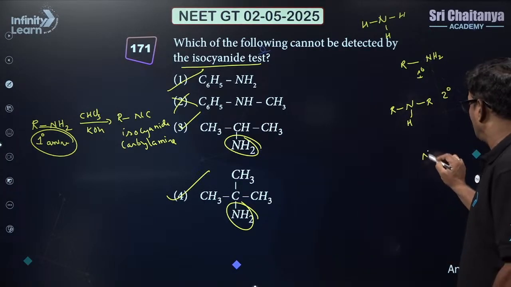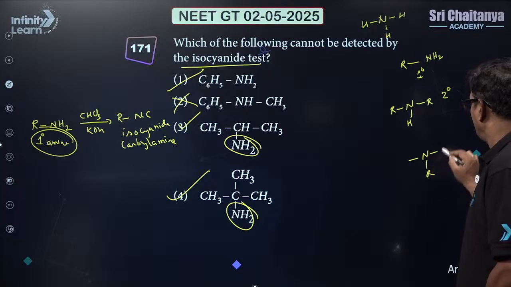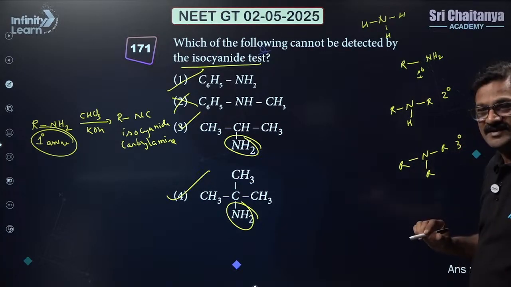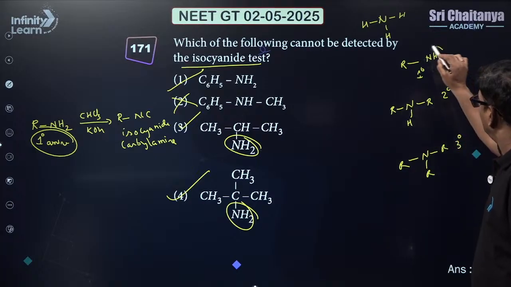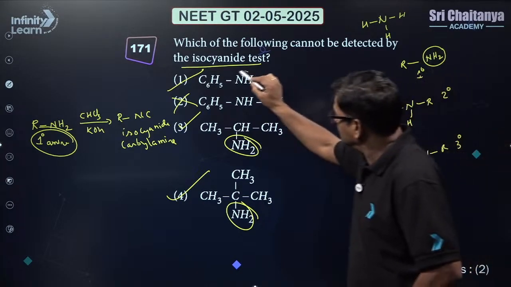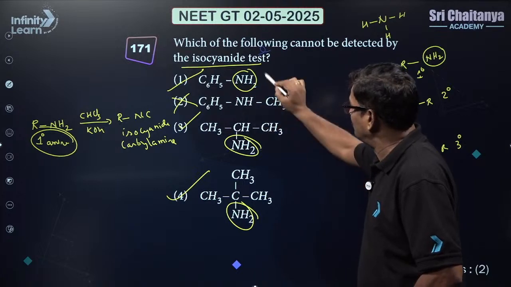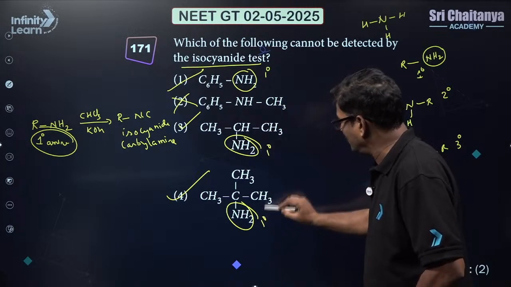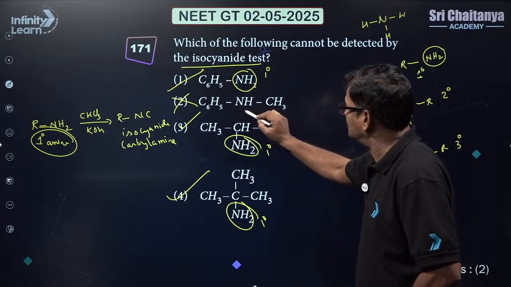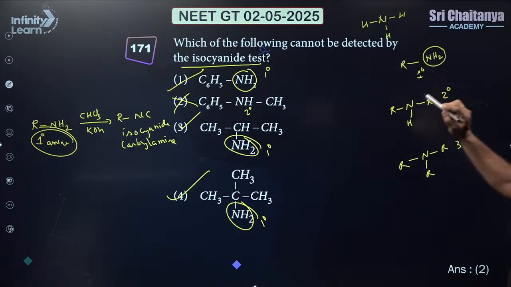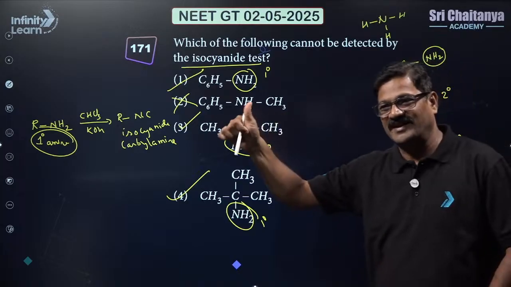If 3 are replaced, that is called tertiary amine. Understand? Now look at this, primary amine should be present. This is present, primary amine. This is present, primary amine. NH is secondary amine. Understand? Ashish, fine, happy?